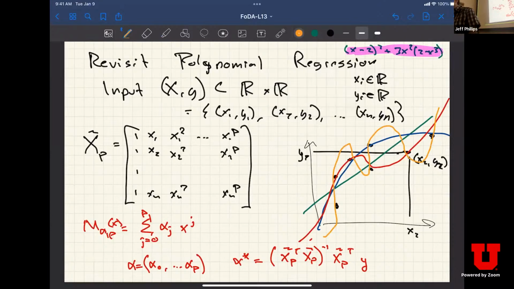So if this is m alpha 7, so p is 7, then the sum of squared errors of x, y, and m alpha 7 is going to be equal to 0. I'm going to have 0 error on this.